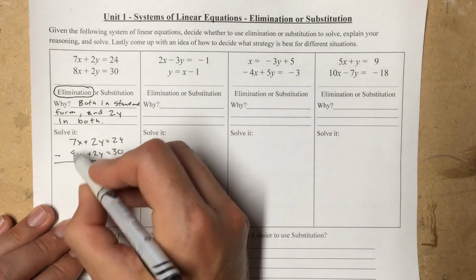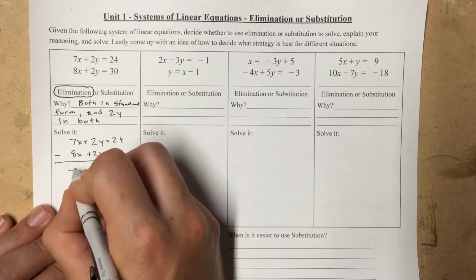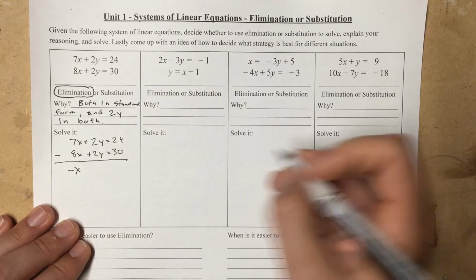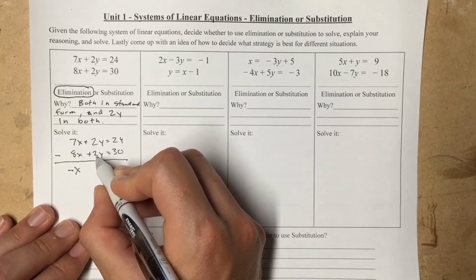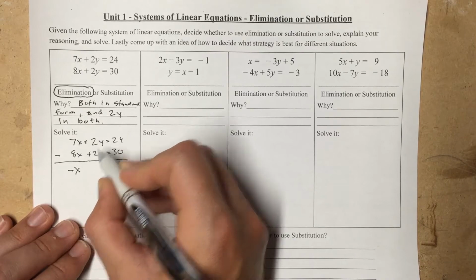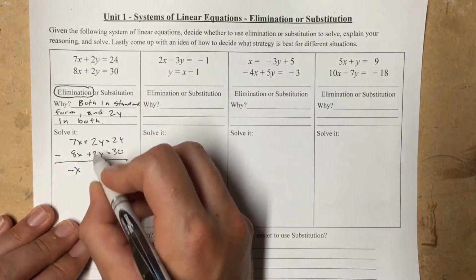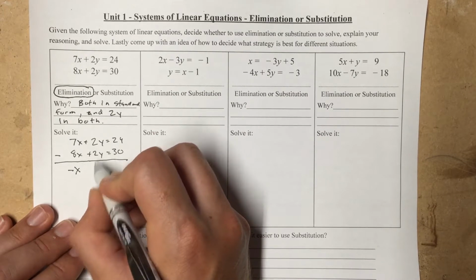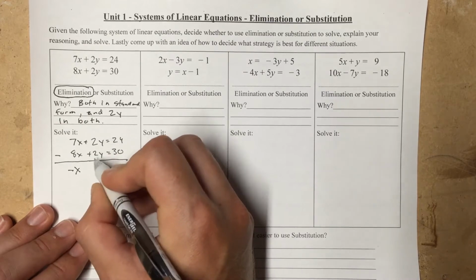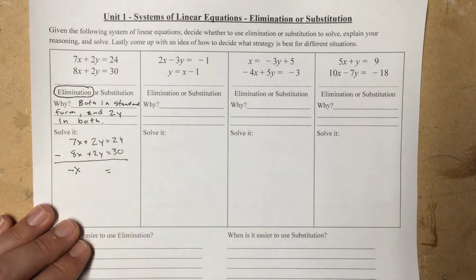So 7x minus 8x is negative 1x. My 2y minus my 2y is 0, which is what I noticed up here, that these are the same. So I don't even need to put anything there. That's elimination right there. We eliminated that variable.